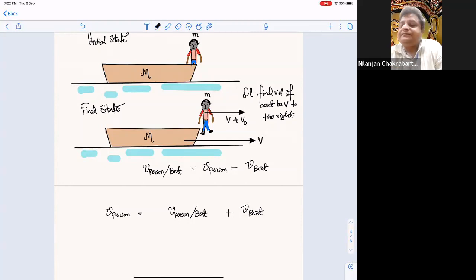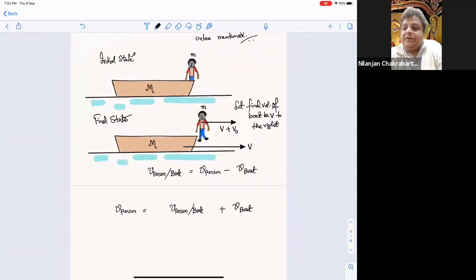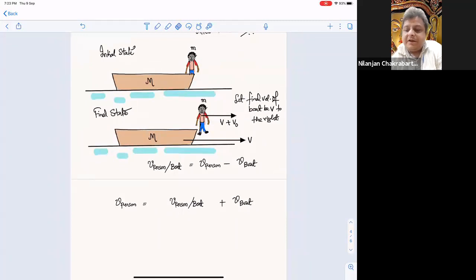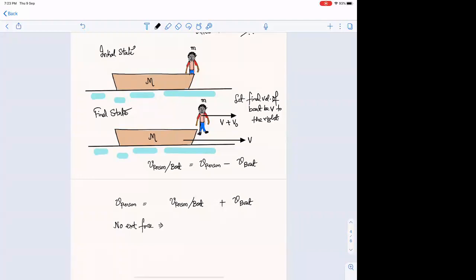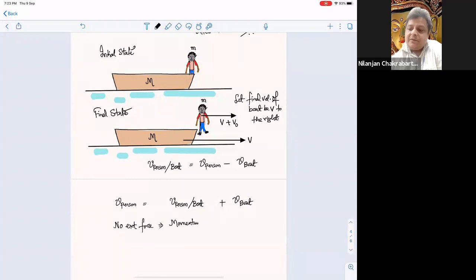Okay. So now we can conserve momentum. As there is no external force on the system, that is due to the fact that there is no friction between the boat and water, momentum is conserved.